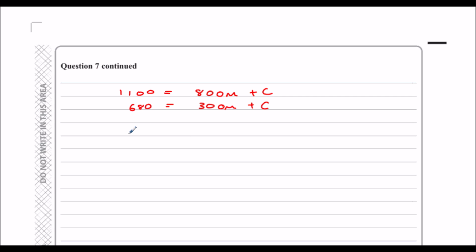So that leaves us with 420 equals 500M. So the C's cancel out. 800 minus 300 is 500. 1,100 minus 680 is 420. So to find M, just divide both sides by 500.